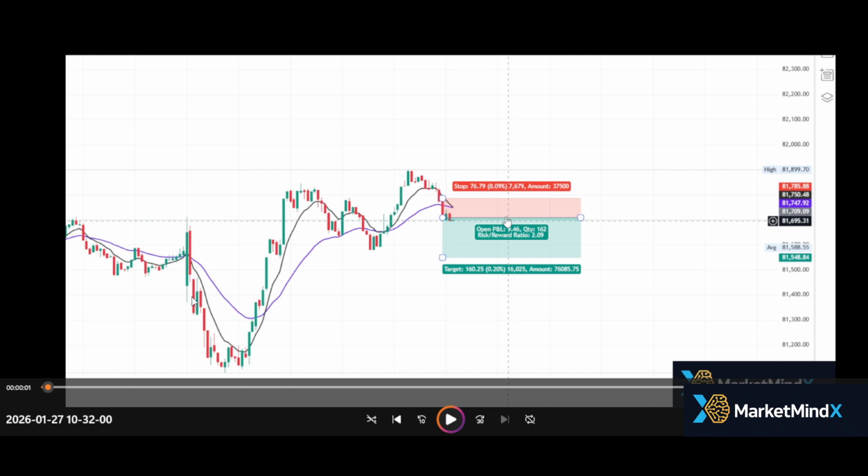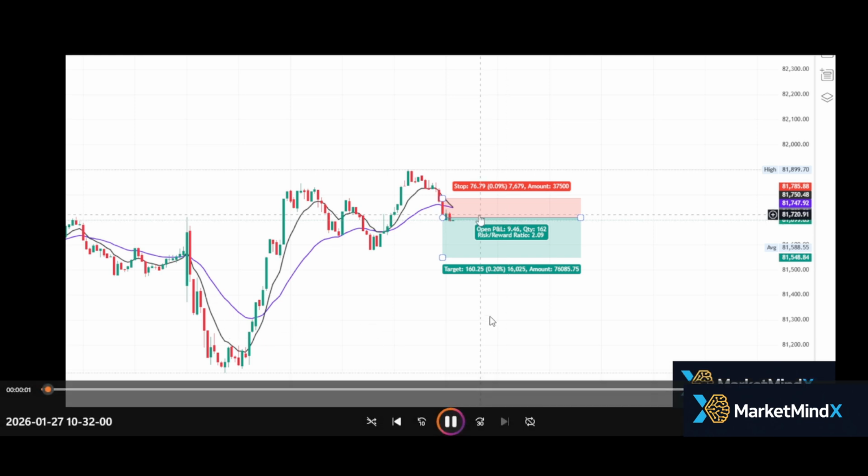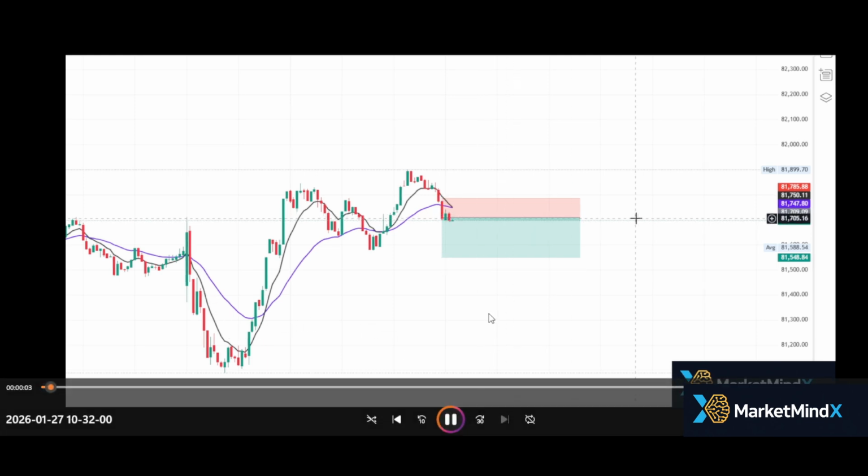It was trading below the EMA. The market came down almost to the 81,800 levels, and from there it started recovering sharply. When it started reversing sharply, we were waiting for a crossover to happen.